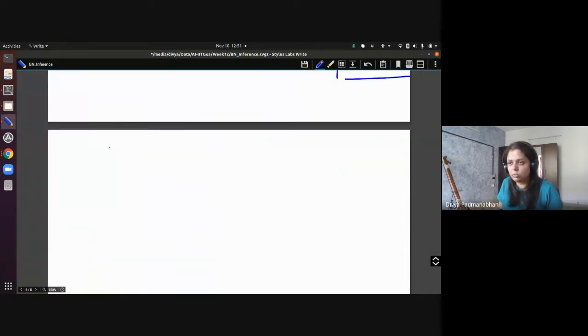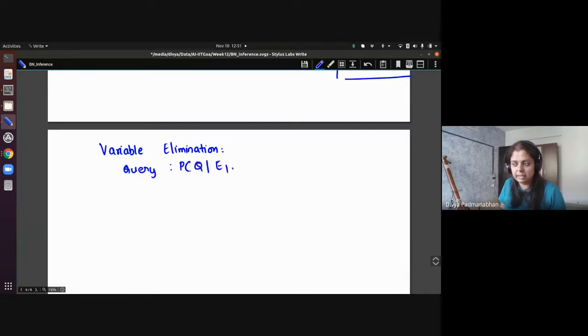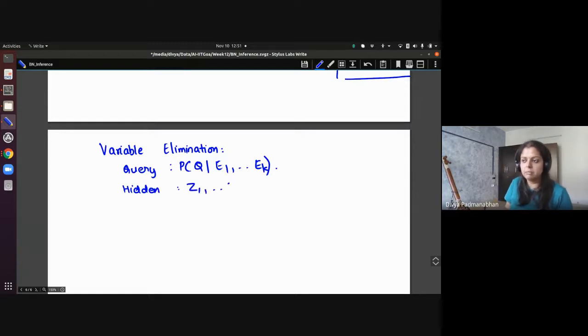This is called the variable elimination algorithm to evaluate a query. So the input is a query like P of Q given E1 to EK, and the hidden variables are, let's say, Z1 to Zn.